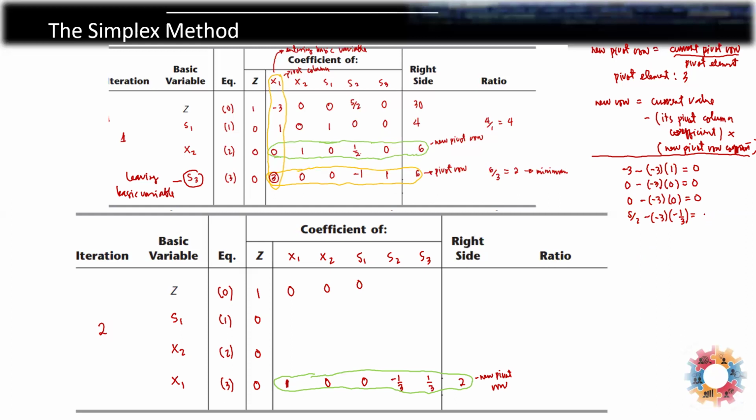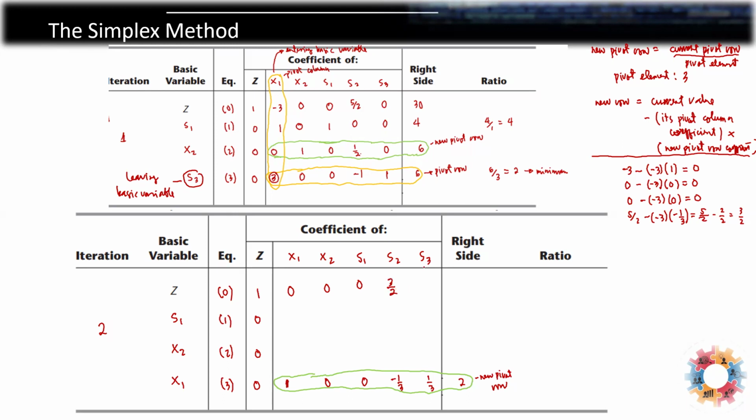So that will become 5 over 2 minus negative 3 times negative 1/3, which is 1. So 5 over 2 minus 1 is 5 over 2 minus 2 over 2, which is equal to 3 over 2. So this is 3 over 2.